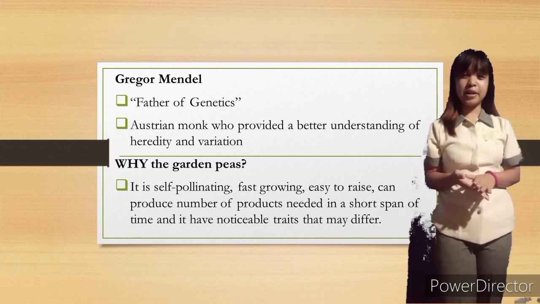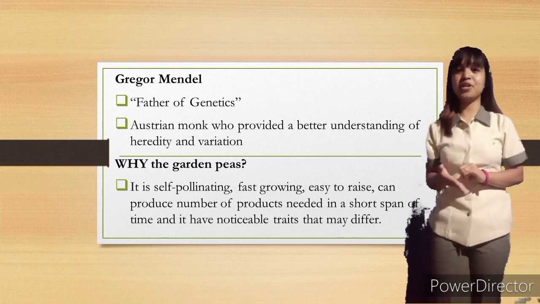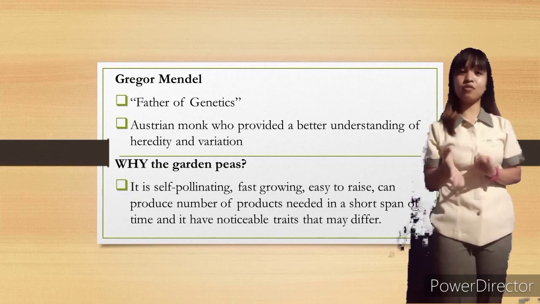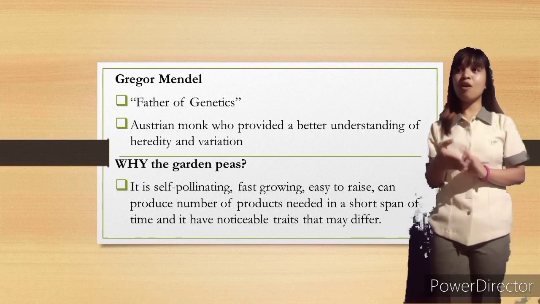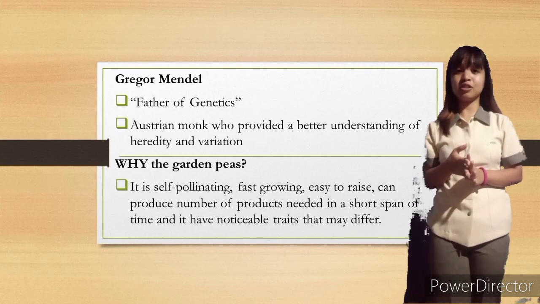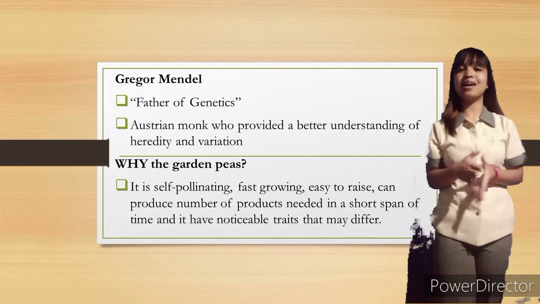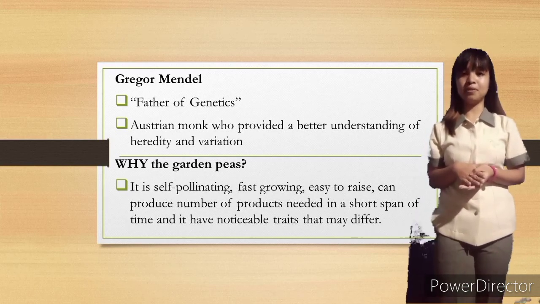He chose garden peas because, first, it is self-pollinating. Second, it is fast-growing. Third, it is easy to raise. Fourth, it can produce a lot of products in a little span of time. And lastly, it has different traits that are noticeable.